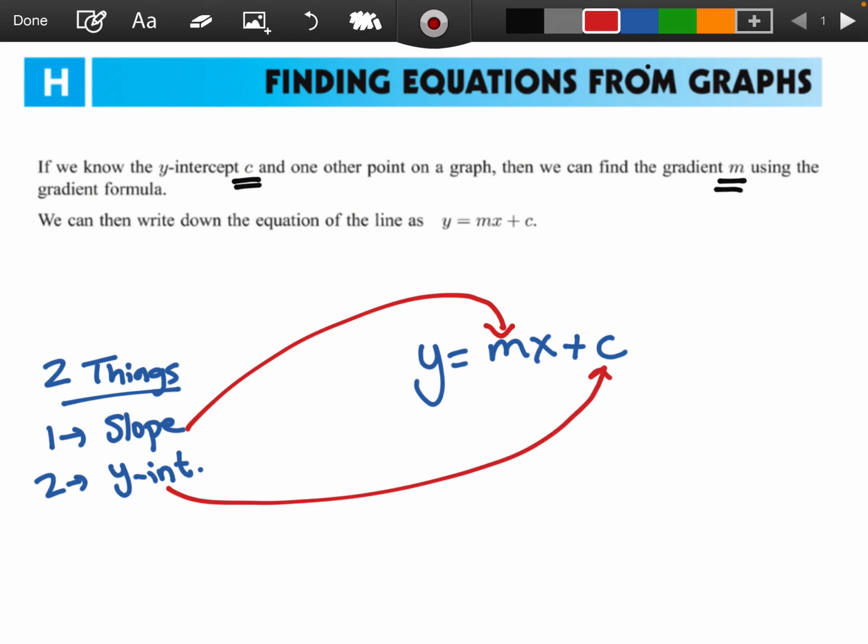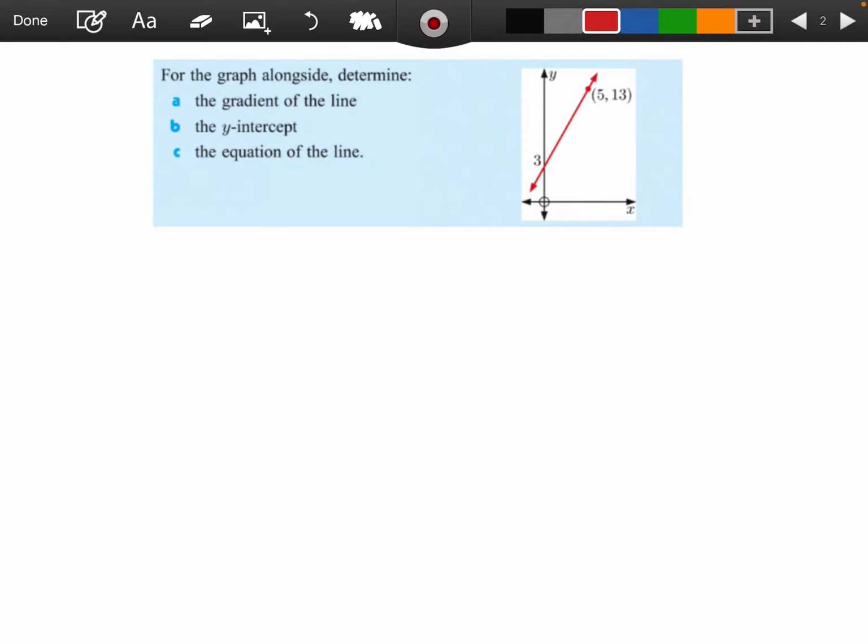So we just need to be able to find the slope and the y-intercept. If you know 2 points, you can find the slope. So if you know the y-intercept and one other point, that's all you need to figure out all the bits and pieces you need to fill in the equation. So let's look at how that works.